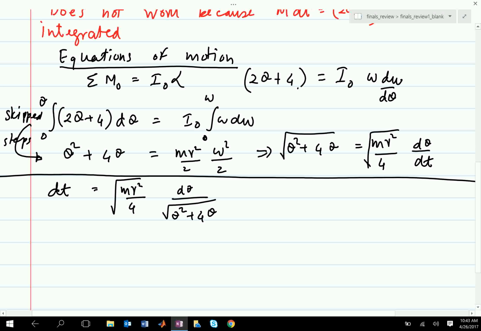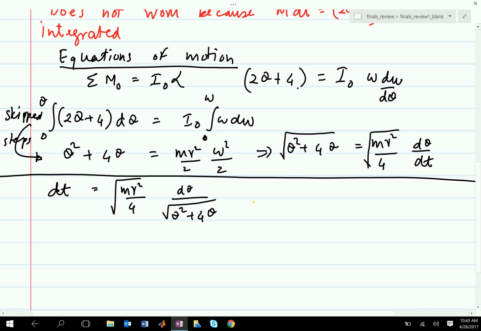Do you know how to integrate this expression, theta square plus 4 theta? We'll try it later.